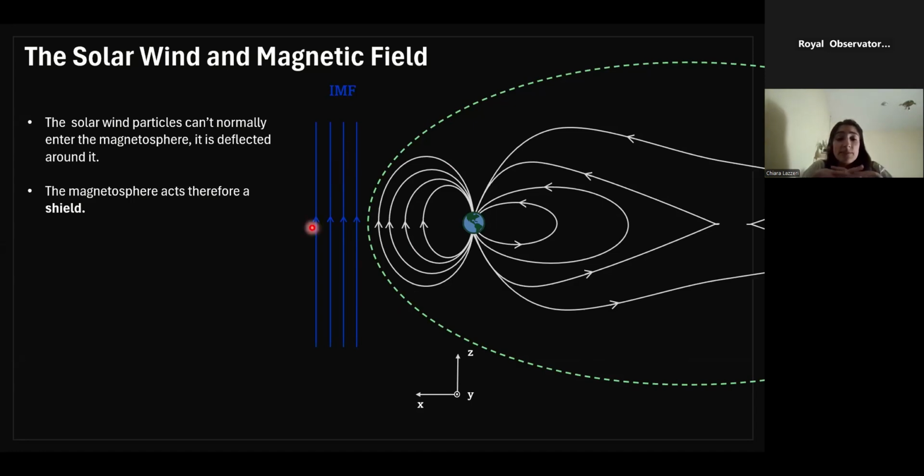And specifically, it depends on whether the field points north, like in this scenario, or whether it points south. So if the magnetic field points northward, like in here, the plasma particles of the solar wind won't be able to jump from these magnetic field lines of the IMF to the magnetic field lines of the magnetosphere, and they'll be deflected. So in this case, the magnetosphere acts like a proper shield.